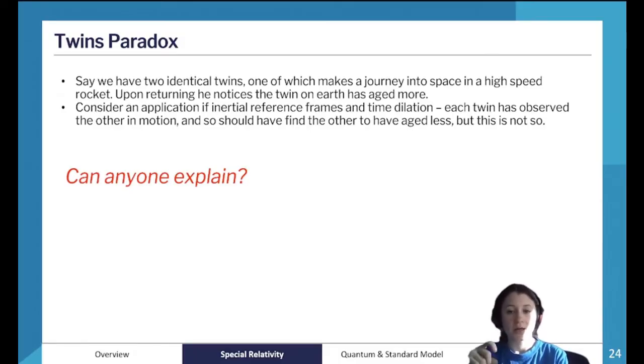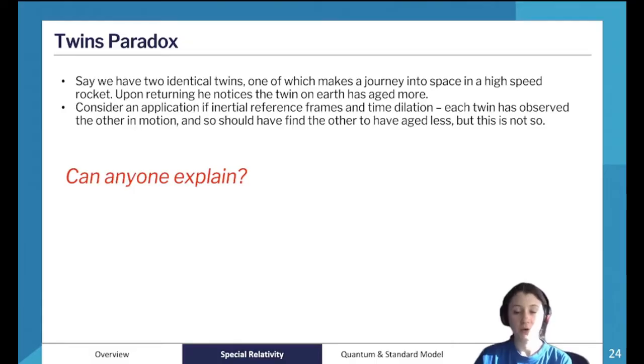So, he came up with the paradoxes kind of to explain his theory and really hit on those contentious points that sometimes people would try to argue. So, the twins paradox is probably the most famous one. It's probably the one you guys have heard of the most.